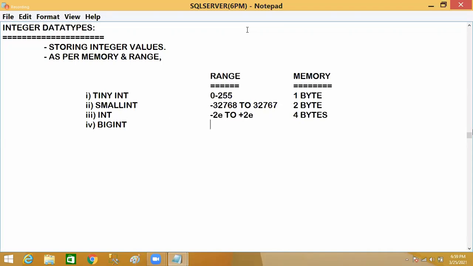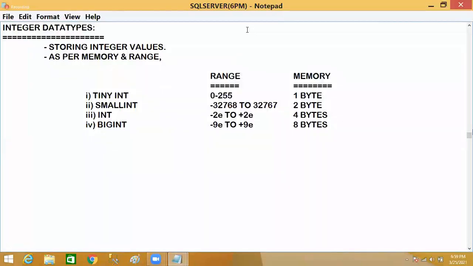Big int is similar, from minus 9 to the power of some value to plus 9 to the power of some value, and it occupies a total of 8 bytes of memory. Clear? So this is how integer data types are stored.